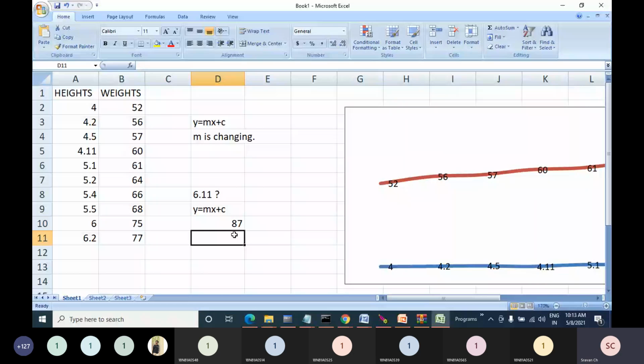So, friends, very important point. Whatever results are generated by machine learning models, they need not be 100% accurate.